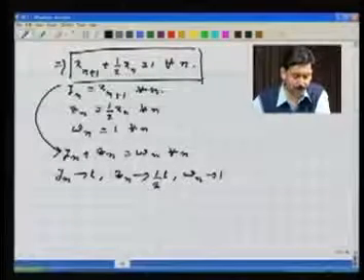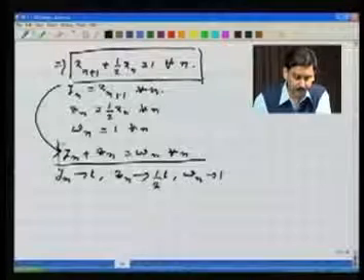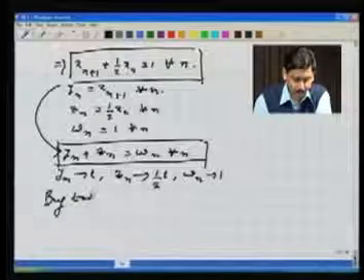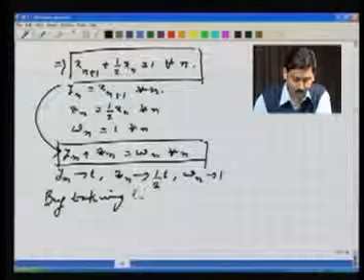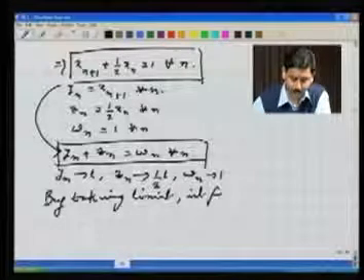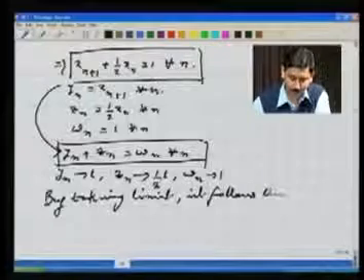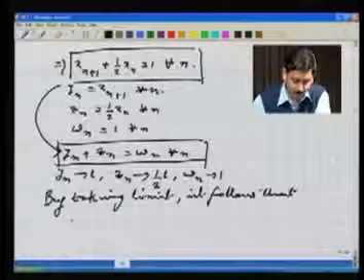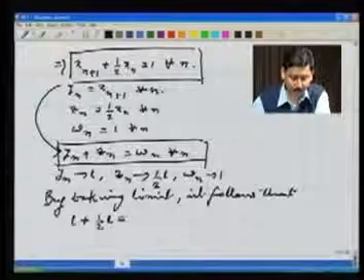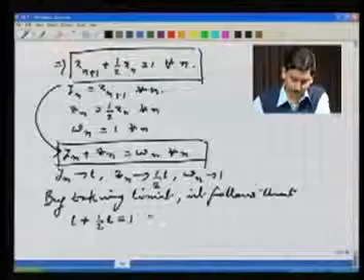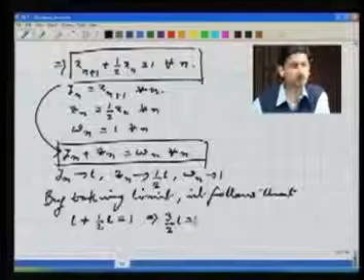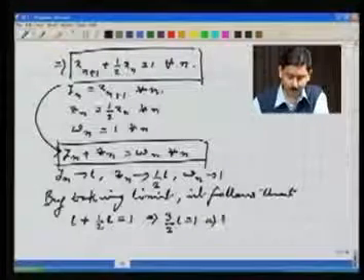So by taking limits, it follows that L plus half L equals 1. This implies 3 by 2 L equals 1. This implies L equals 2 by 3.